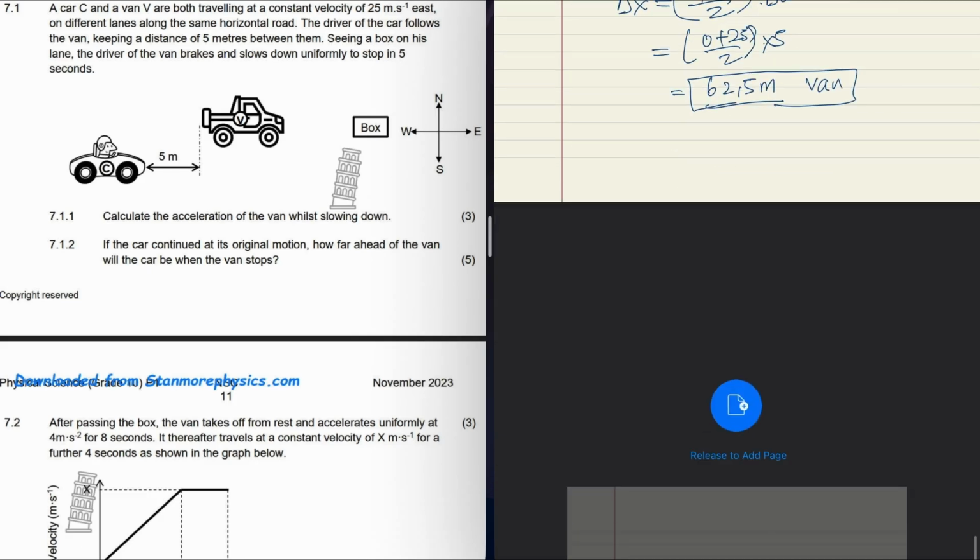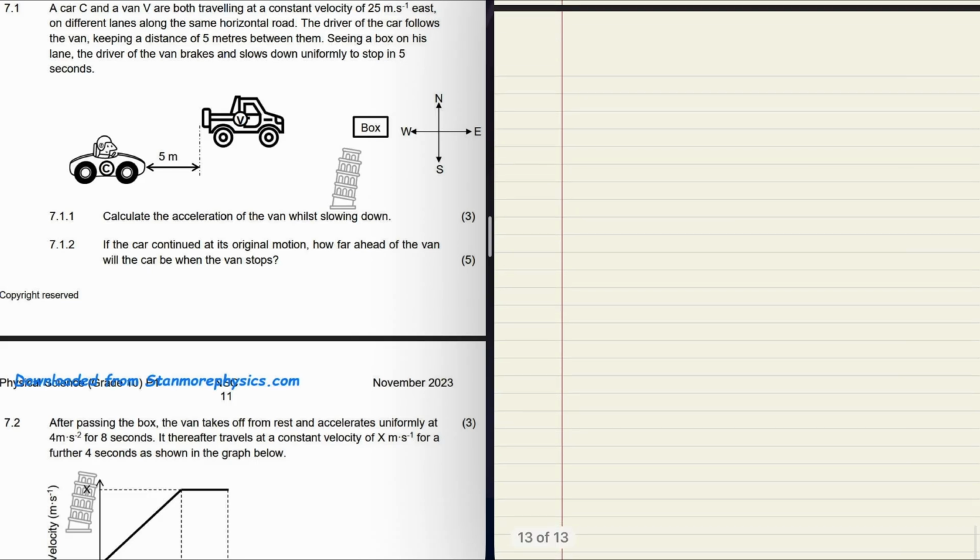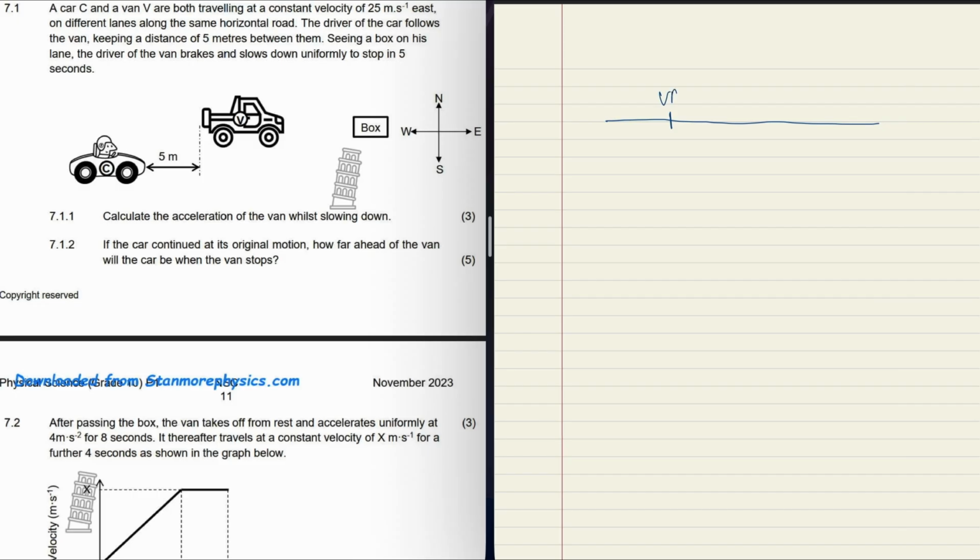So let's draw a diagram to help us understand what's happening here. So we've got this straight line, we've got the van here, we've got the car there. And this is before anything happens. They are 5 meters apart. So the van in stopping travels 62.5 meters in those 5 seconds.